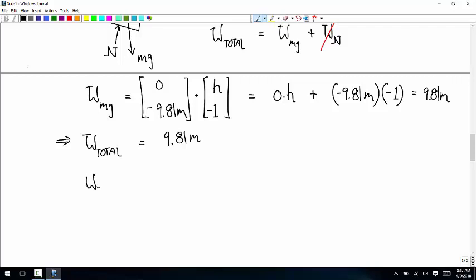the work-energy principle says 9.81 m is equal to the final kinetic energy minus the initial kinetic energy. It starts out at rest, so what's its initial kinetic energy?